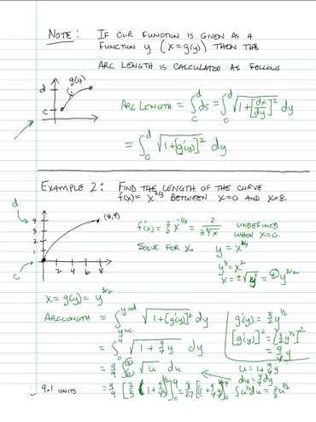I apologize that I really bunged that up. So we have our 8/27. When we evaluate at 4, we end up with 1 plus 9/4 times 4, to the power 3 halves, minus, when we evaluate at 0, 1 plus 9/4 times 0, to the power 3 halves.